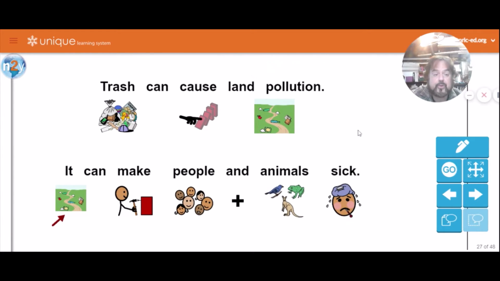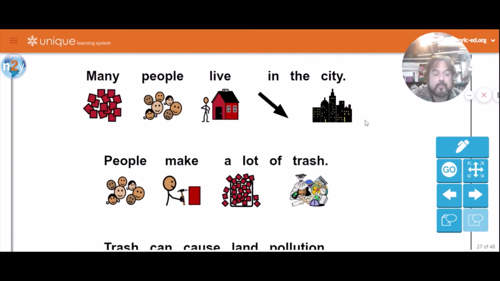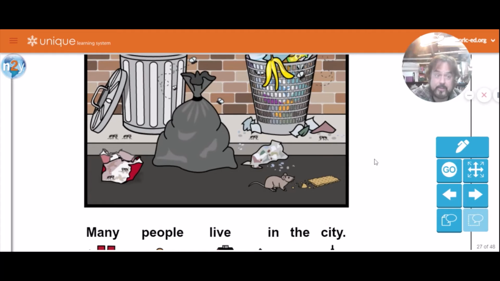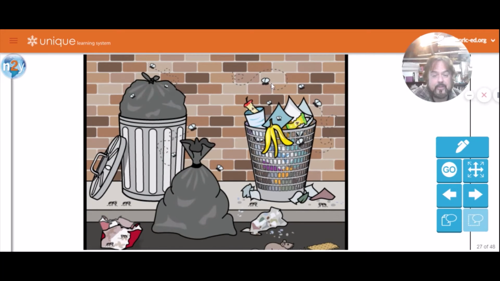Okay, if you have trash around and you don't clean it up, it brings bugs and bacteria. It can make you sick. That's why we always tell you to take out the trash, keep your room clean and help keep the house clean. You see all the bugs that come when you have trash lying around, ants and flies and ugh, you know?